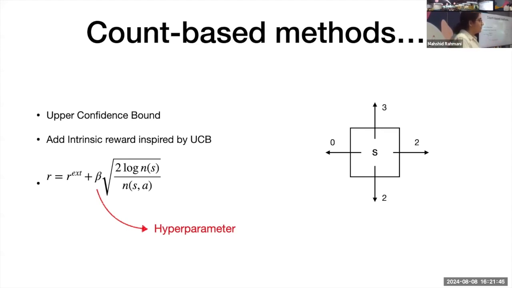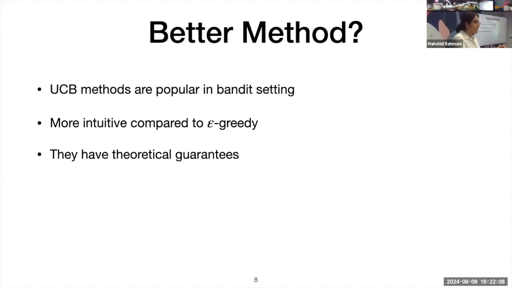So the lower the visitation count, the higher my intrinsic reward is, and the more the agent would want to visit that action. And there's also a coefficient beta. It's a hyperparameter, a knob I'll tune to see how much exploration I want. So is this a better method or not?